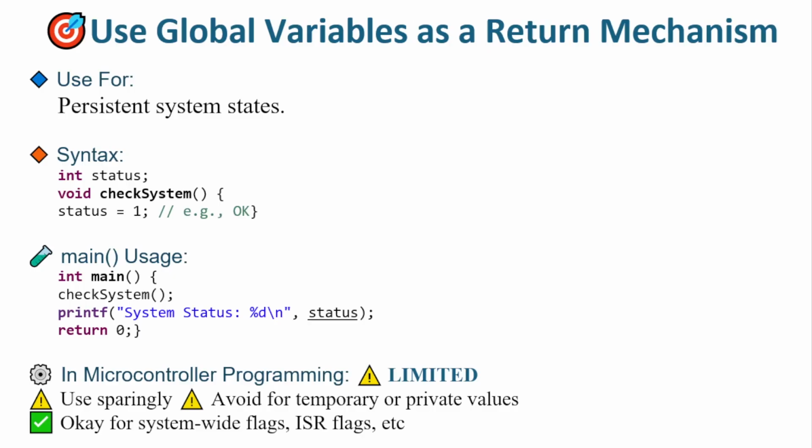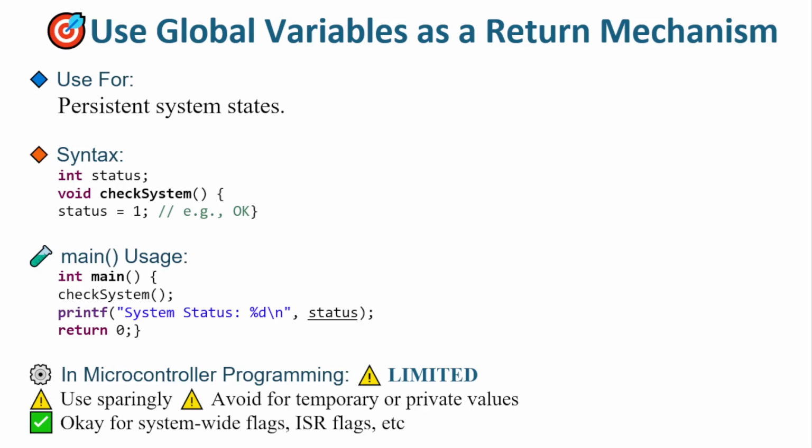Avoid using globals for temporary variables that are only needed inside one function. Use them for persistent system status.